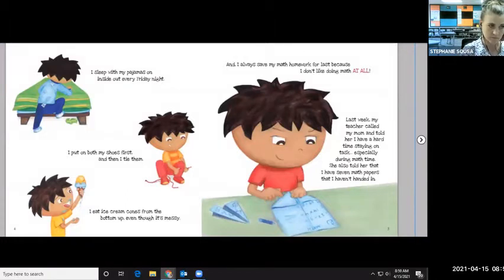And I always save my math homework for last because I don't like doing math at all. Last week, my teacher called my mom and told her I have a hard time staying on task, especially during math time. She also told her that I have 7 math papers that I haven't handed in.